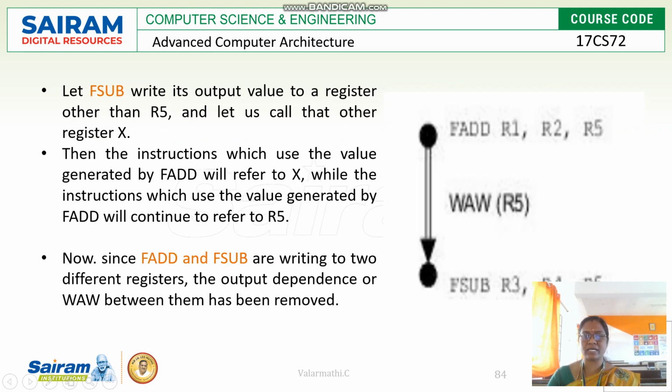So dependencies are occurring on the R5 register. Instead of accessing R5 every time, we can rename that register as temporary registers like register X or register Y. This is called the register renaming concept.